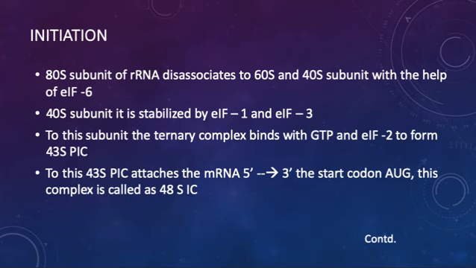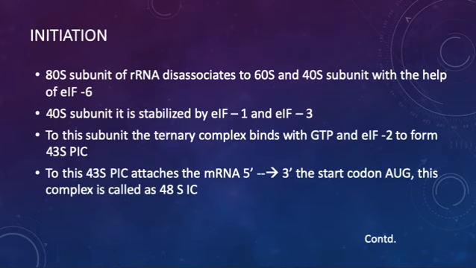Okay, now what is it? The 80S ribosome dissociates to the 60S and 40S subunits with initiation factor 6. The 40S subunit is stabilized by initiation factors 1 and 3.